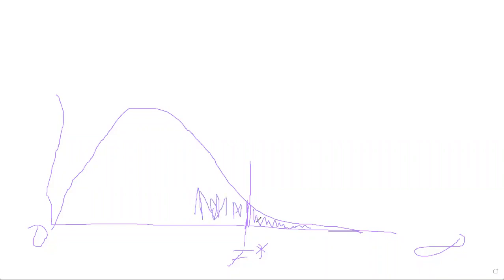Once you compute one, you compute the other. That's what it means for an F to have a known distribution.